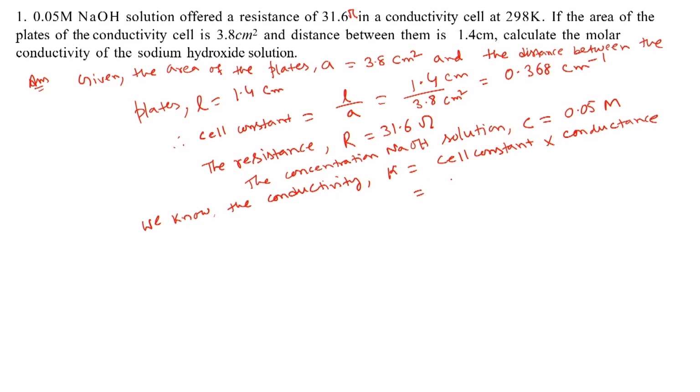The cell constant value we know is 0.368, okay, and conductance is nothing but 1 upon resistance, 1 by R. So we get 0.368 by the value of R we know, 31.6. So we get the value 0.0116 S centimeter to the minus 1. So, this is the value of the conductivity.